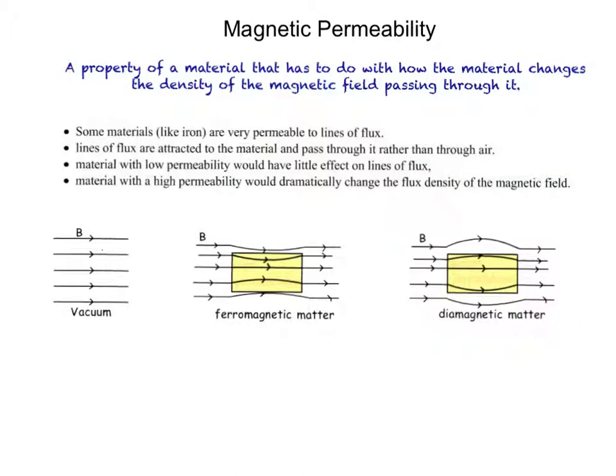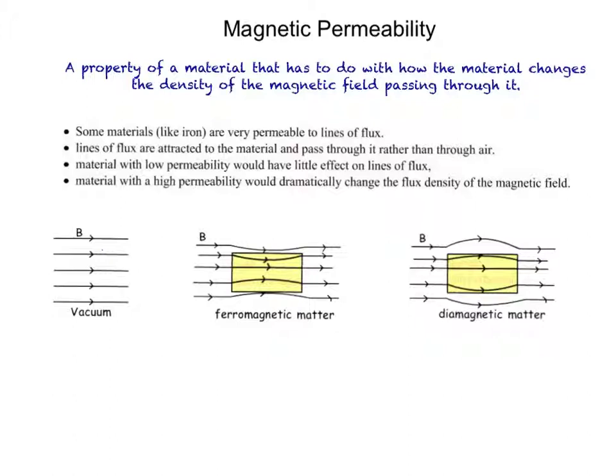So we've also talked about electromagnets and a little bit about what's called magnetic permeability. Magnetic permeability is a property of a material that has to do with how the material changes the density of the magnetic field passing through it. Some materials, like iron, are really permeable to the lines of flux. These lines of flux are attracted to the material and pass through it rather than through air.